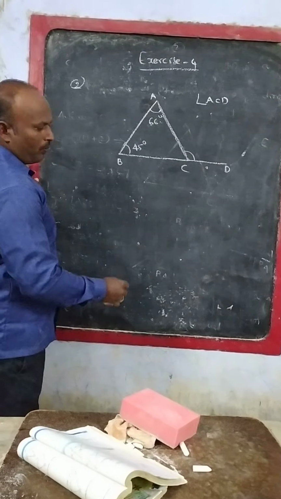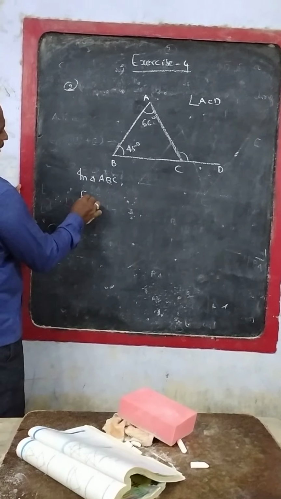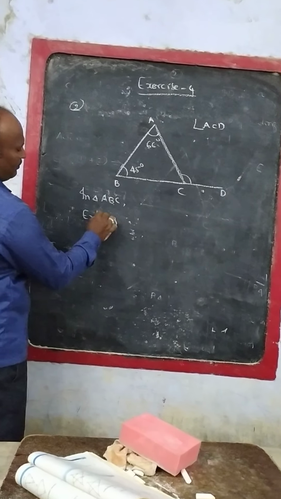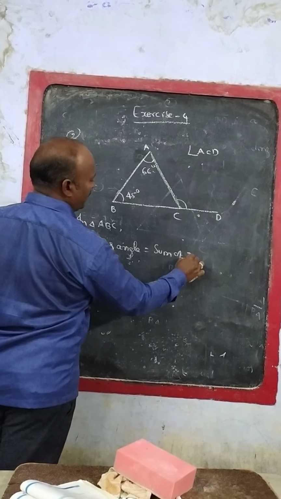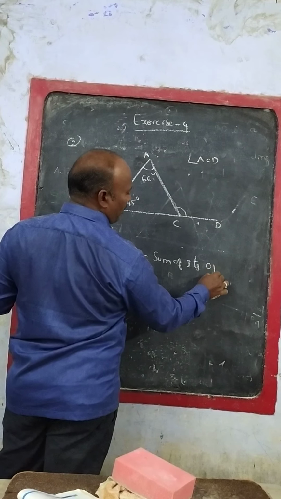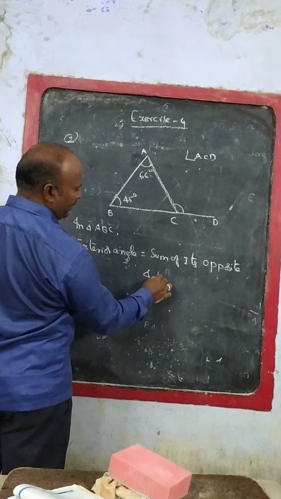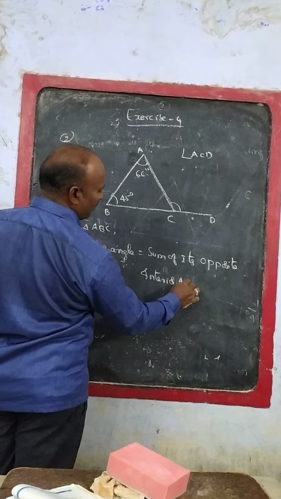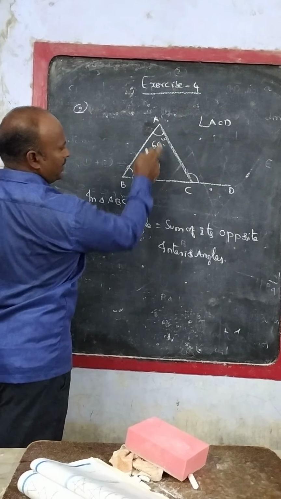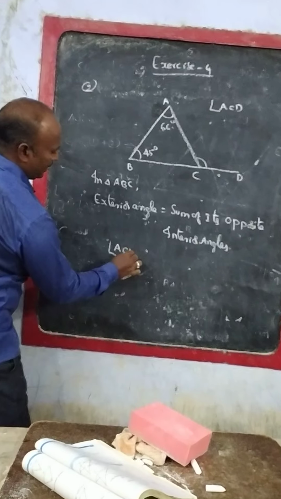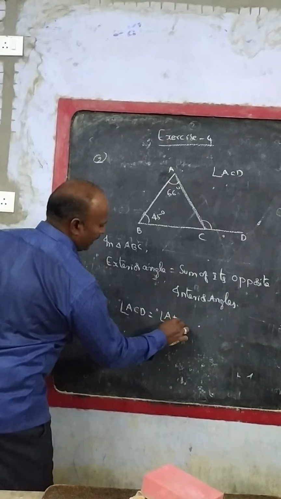So by using that property, in triangle ABC, the exterior angle, that is angle ACD, which we have to find, is equal to the sum of its opposite interior angles, that means angle A plus angle B.